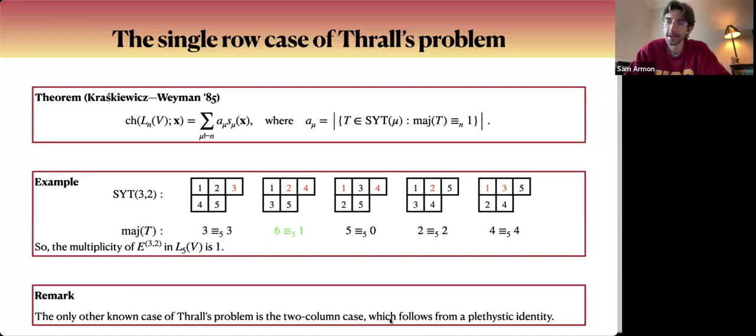The other known case is when the indexing partition is a 2-column shape. But this actually follows from one of the only known plethystic identities, which can be found in, I think, Macdonald's book on symmetric functions. But outside of this, the single row case is kind of state of the art.